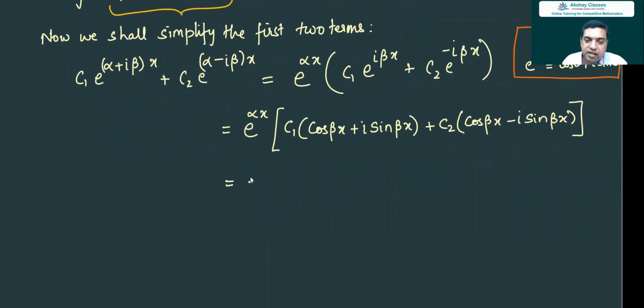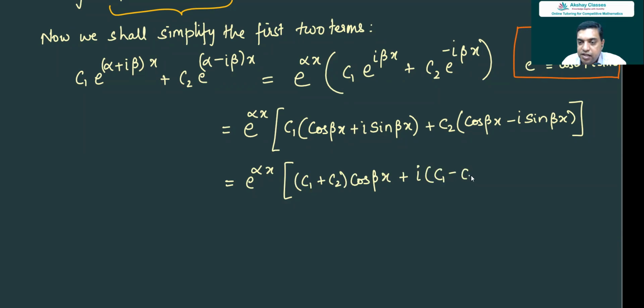Now we get e power alpha x times ((C1 plus C2) cos beta x plus i times (C1 minus C2) sin beta x).